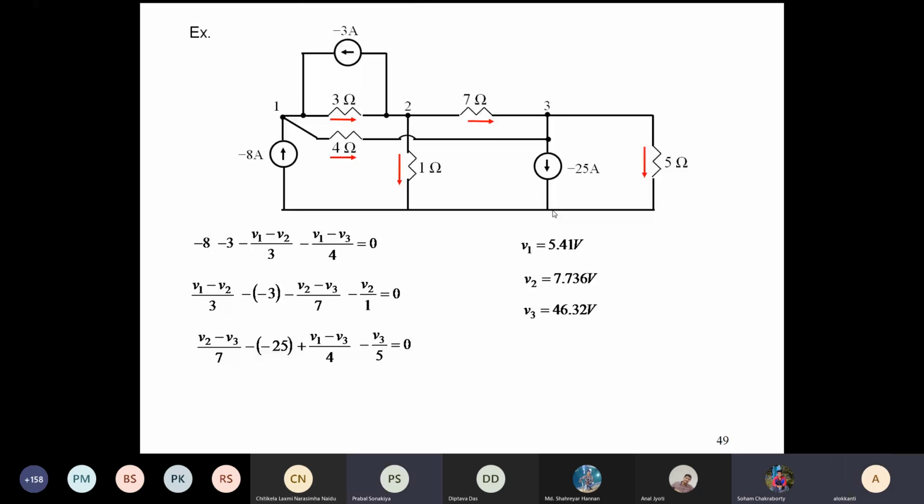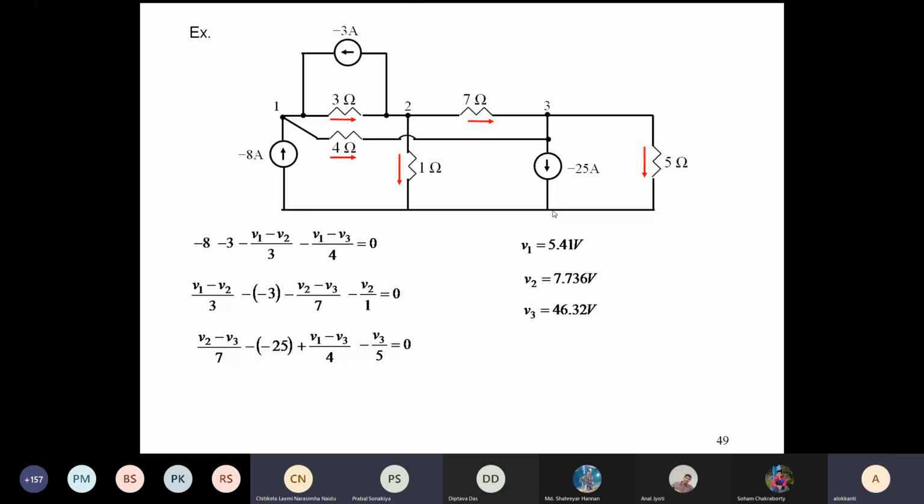Yes, so the advantage of nodal analysis is that whatever the number of nodes, you make one node the reference and come down to n-1 nodes. You have to write n-1 equations, because there will be n-1 variables, and solve for those variables.